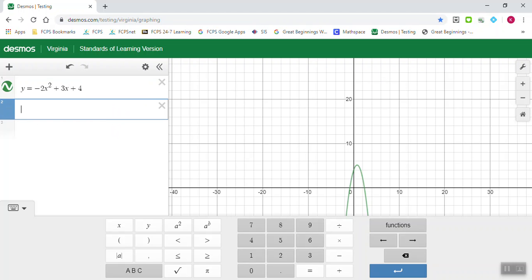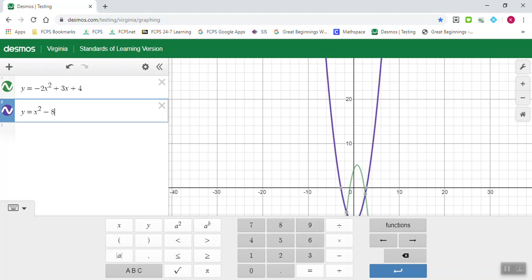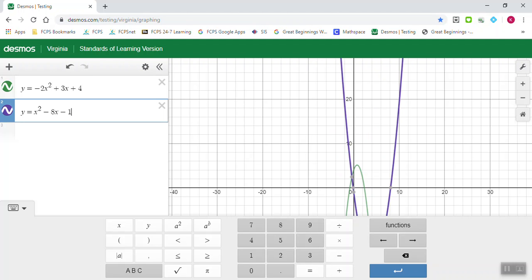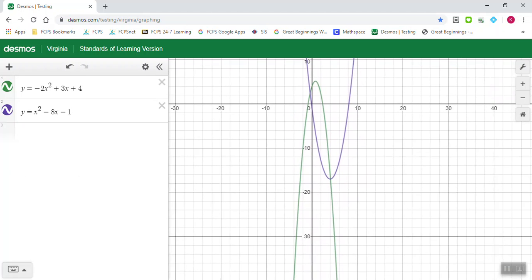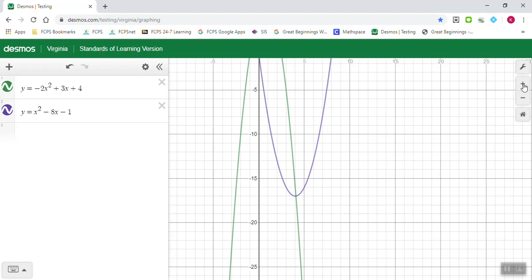And then we can type in our second one, which is y equals x squared minus 8x minus 1. I'm going to hide my keypad so I can see both graphs. Now remember, solutions are where they intersect.